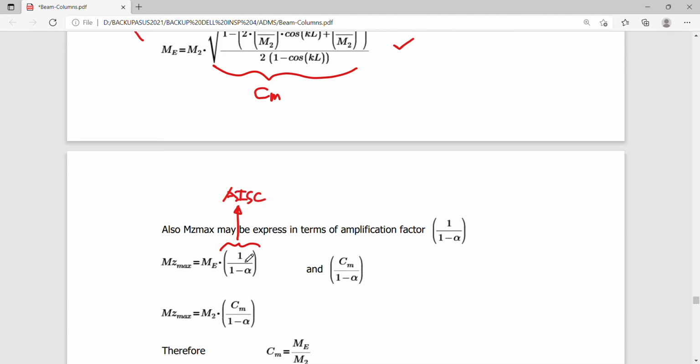Okay, so this is our derivation which was presented in the previous lecture, taking note that this value is simply the Cm value.